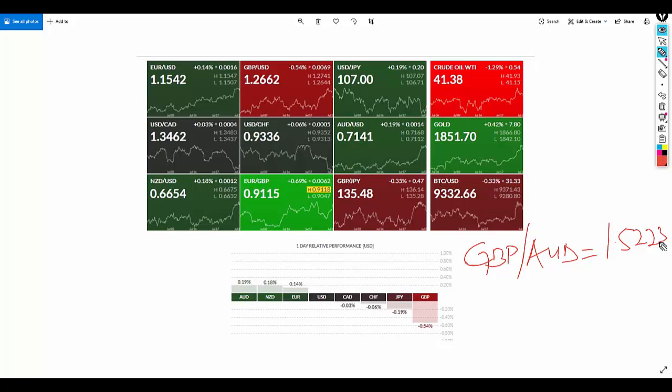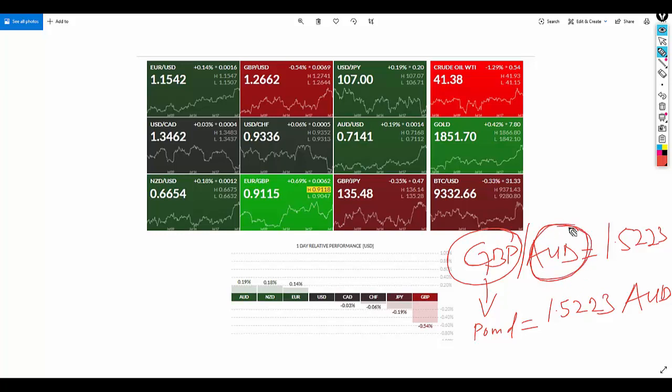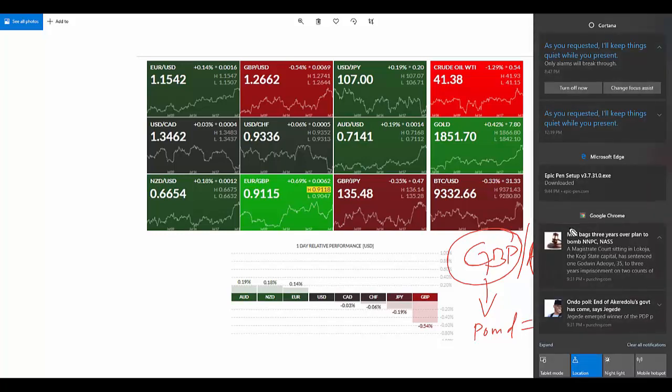This is just an example. That means we're going to buy 1 pound with 1.5223 AUD. That's the meaning. That means pounds is the base, where Australian dollar, we are quoting pounds, 1 pound at the rate of Australian dollar. That's why Australian dollar is a quote currency.